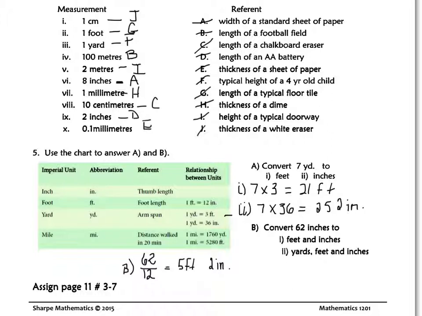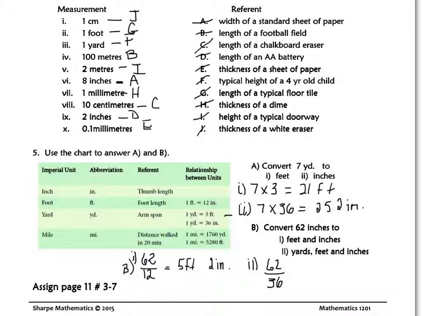Okay, so the last one wants you to convert. This is part 2, so you have yards, feet, and inches. If we take 62 inches and convert it to yards, feet, and inches, first we figure out 62 divided by 36, because every 36 inches is 1 full yard.